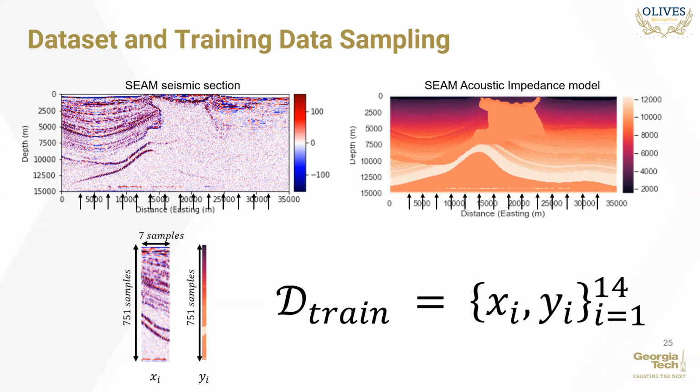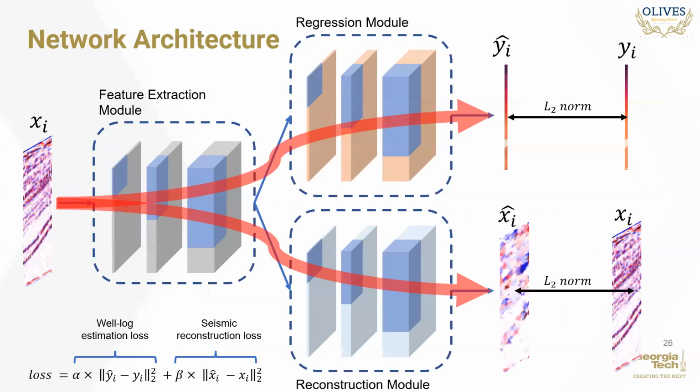For each well position, I extract the well log from the property acoustic impedance model on the right, and the corresponding seismic sample, which is really a rectangular patch of seismic centered on the well position from the image on the left. By collecting all of these pairs, I basically get my training data set.